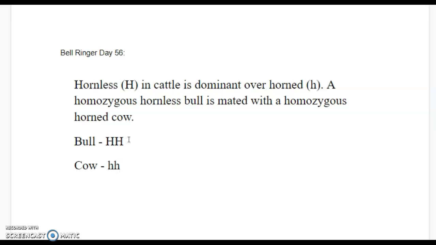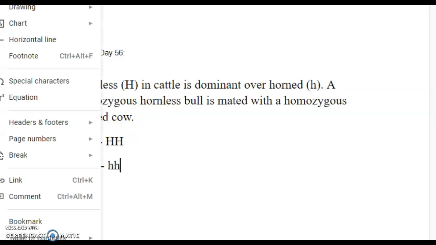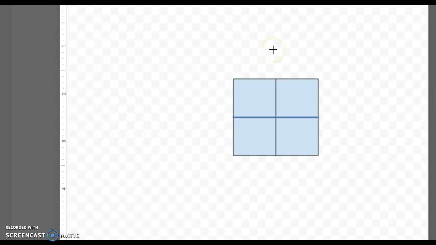Okay. And then we have to make a Punnett square and put these in to see what the offspring are going to look like. So we're going to attempt to do that. Let's insert a drawing. Okay, so we draw a Punnett square, and then our bull was homozygous dominant, so he was two capital H's.